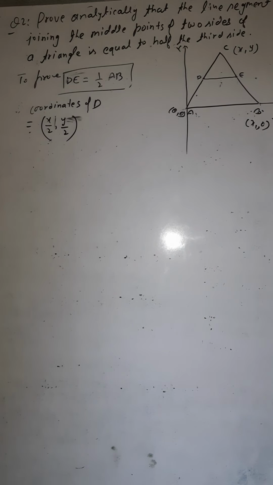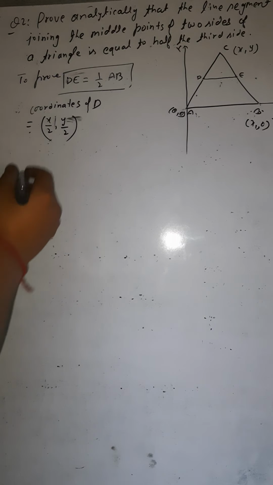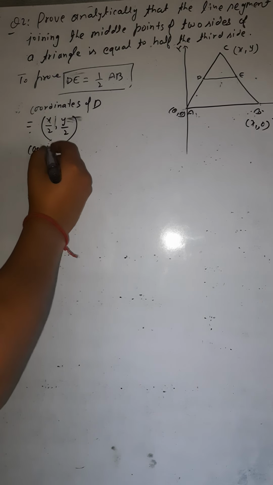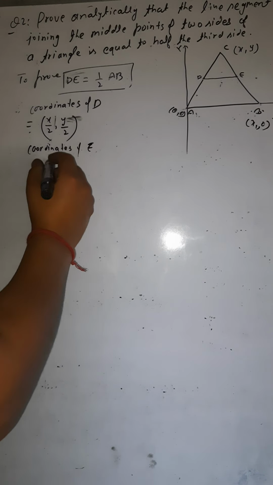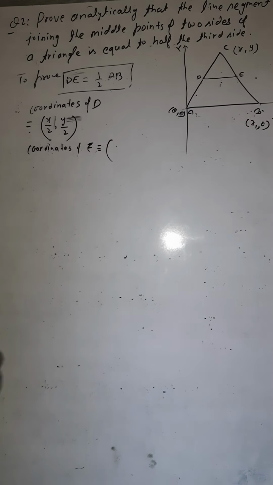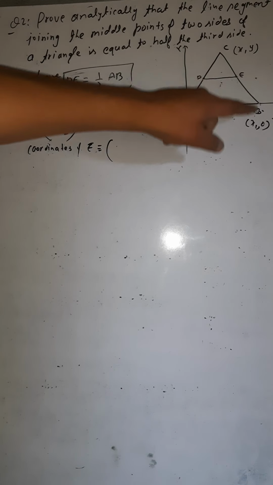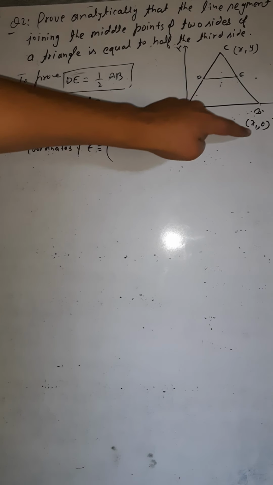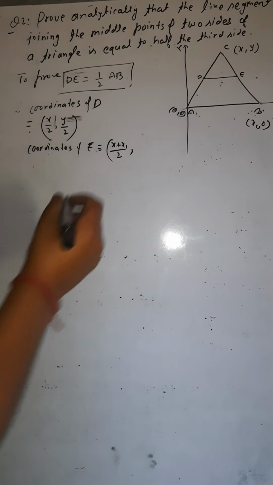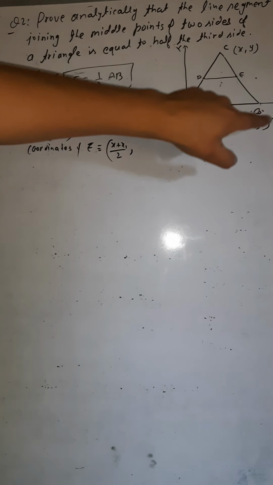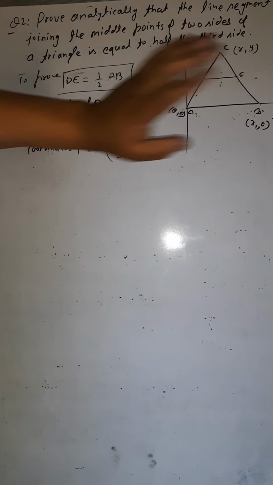So these are the coordinates of D. Similarly, you can find the coordinates of E. The first coordinate is x plus x1 by 2, and the second coordinate is y plus 0 by 2, which is y by 2.